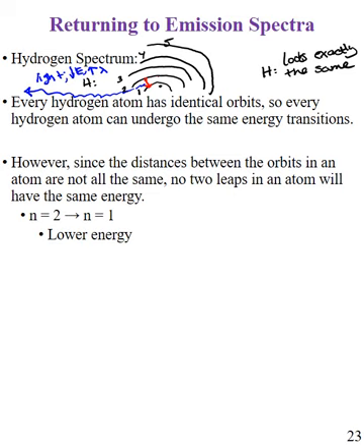Now, let's say we went from n equals 5 to n equals 1. So the electron was in an excited state in the 5th orbit, and then it dropped down to the 1st orbit. When it drops down, it emits light, right? Okay, so we get to see some type of light.